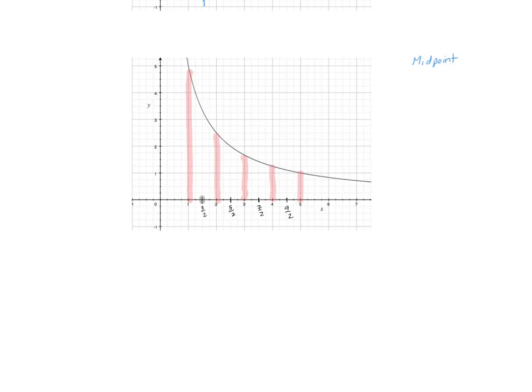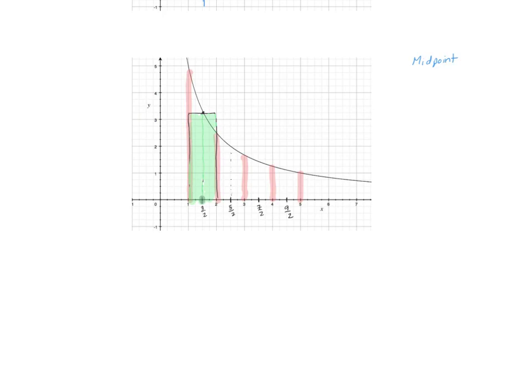So I'm going to create my rectangles by going up to the curve, drawing my horizontal line, and then coming back down. So this would be my first rectangle. That would be this piece here. Okay, so let's do our next rectangle.